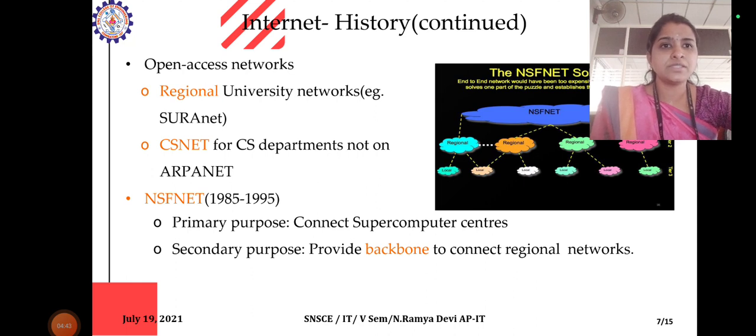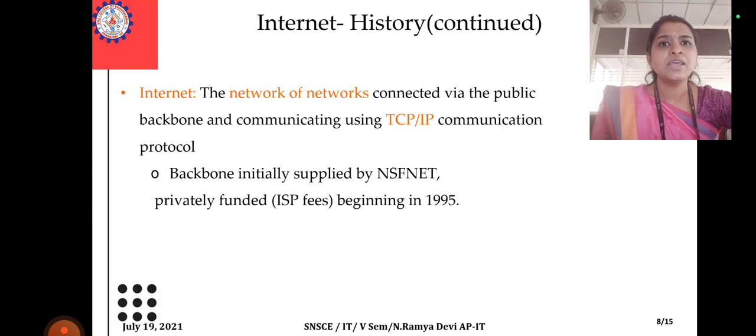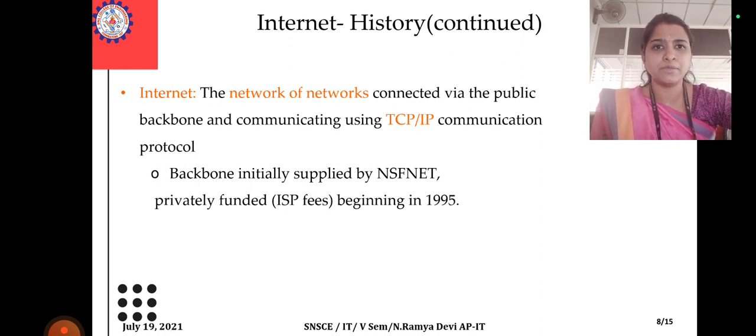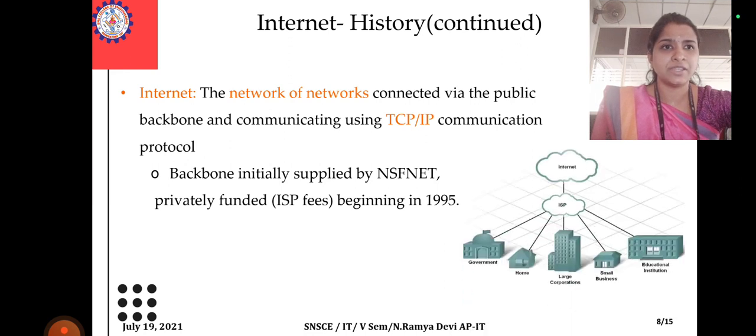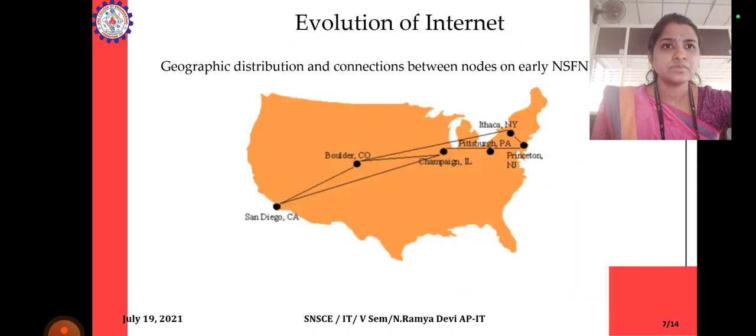The primary purpose was to connect the supercomputer centers, and the secondary purpose was to provide a backbone to connect regional networks. So the internet is a network of networks connected via the public backbone and communicating using the TCP/IP communication protocol. The backbone was initially supplied by NSFNET and privately funded beginning in 1995. So this is the evolution of the internet.